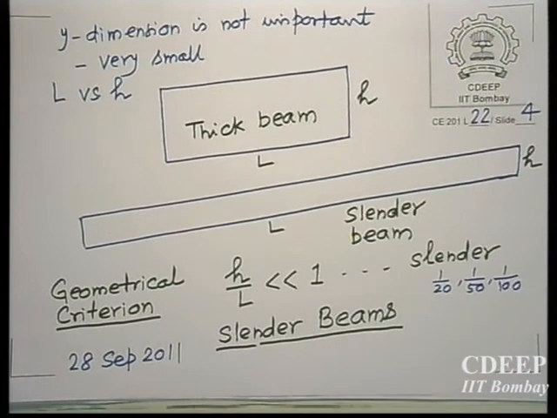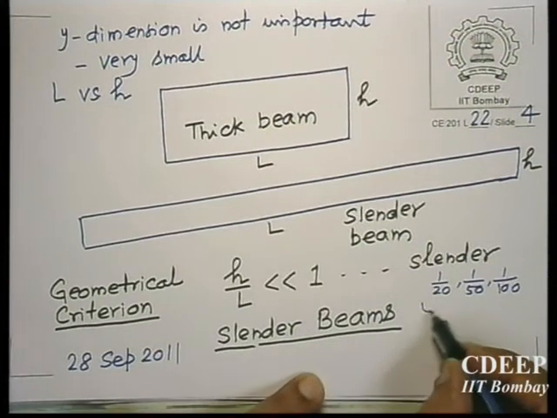They can be treated as slender. But if it is 1 by 5, 1 by 10, I will be a little concerned, because I will not be able to call that beam slender. So we are talking of these ratios.